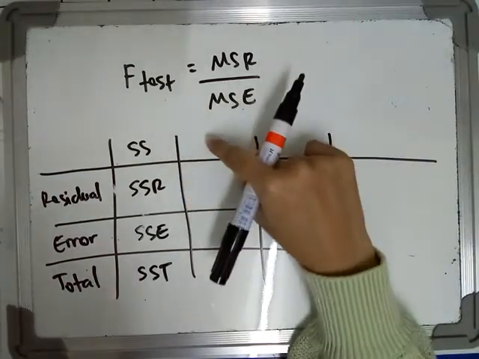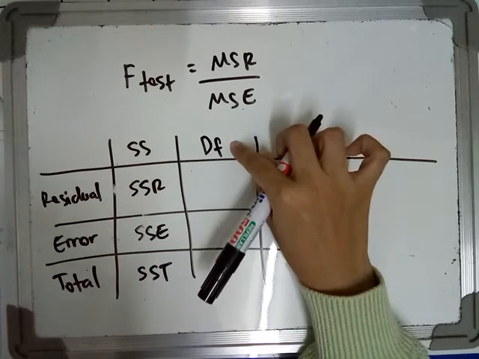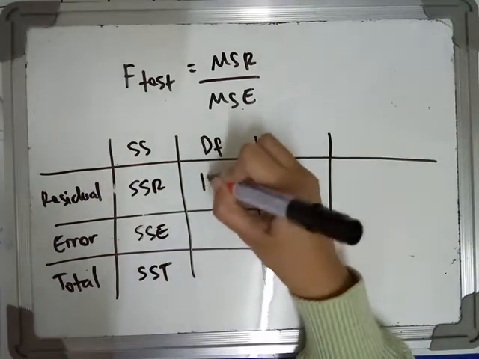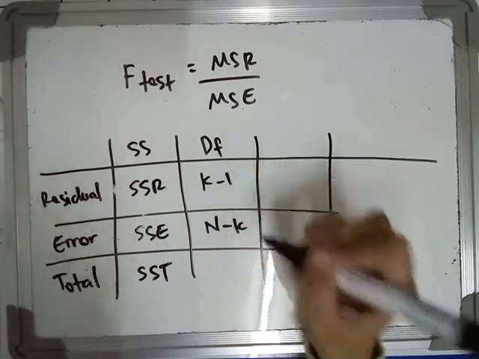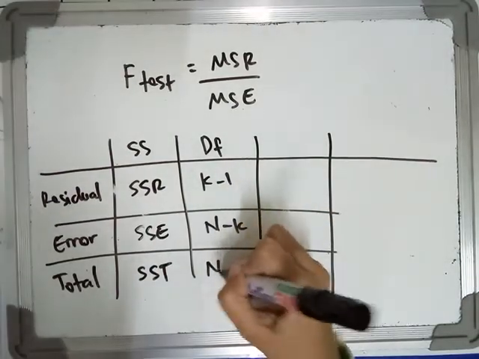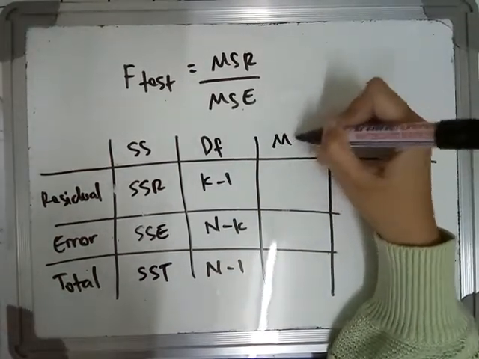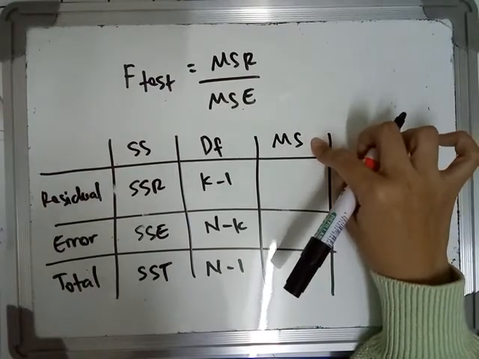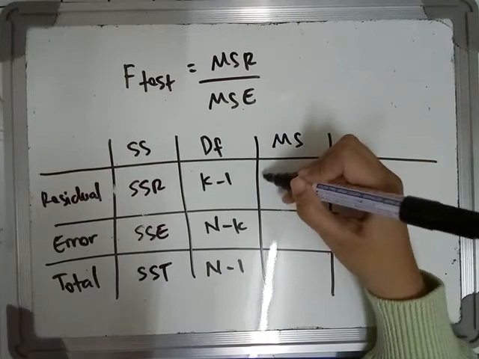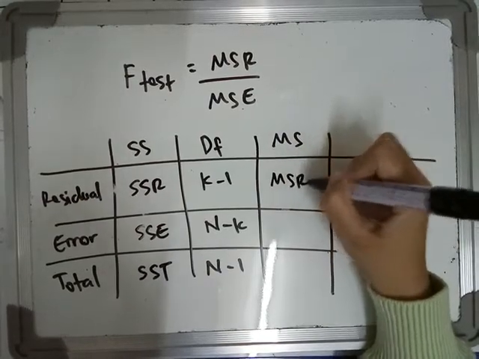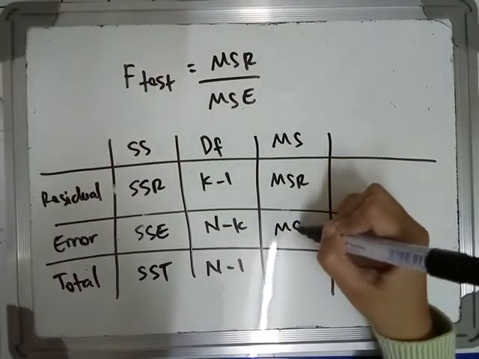The second column is degree of freedom, DF. For residual, k minus 1. For error, n minus k. And for total, n minus 1. The third column is mean square. We calculate the mean square for residual, and we get MSR. Then the mean square for error, and we get MSE.